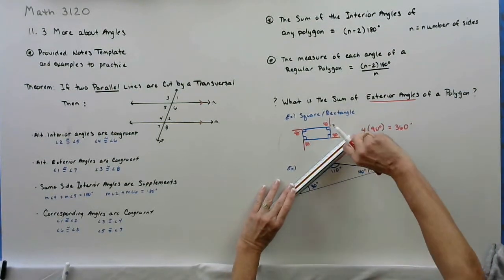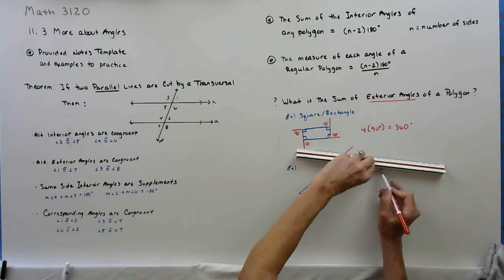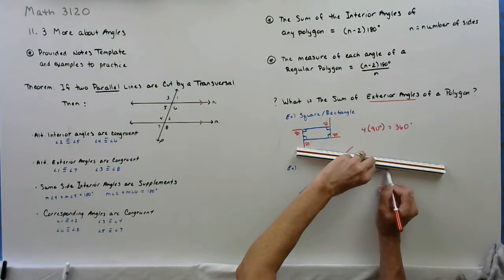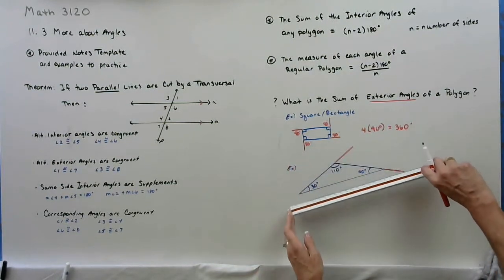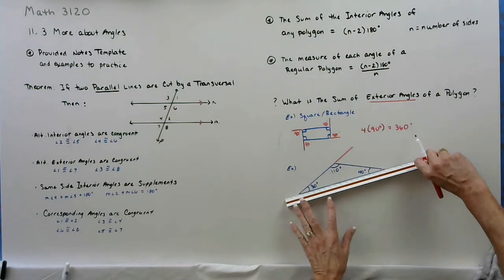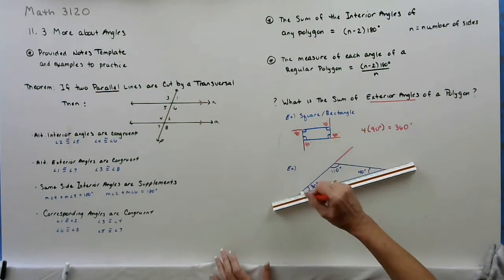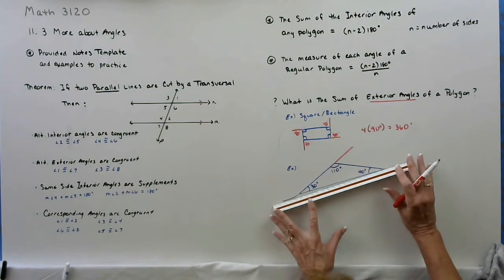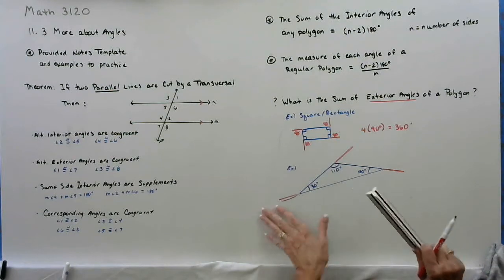Then if I go clockwise, my next side, I'm going to extend this side rather. And then if I keep going, oh, I should have held it down. I apologize for that. Okay.